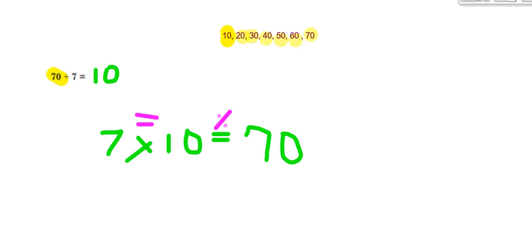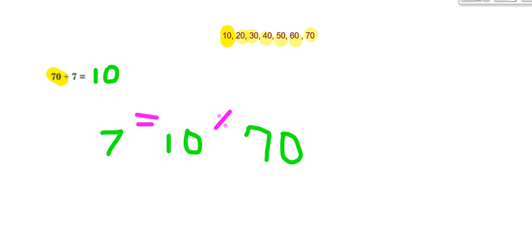Okay? So that easily will give me the answer to my problem. I changed the equal sign to the division sign: 70 divided by 10 equals 7.